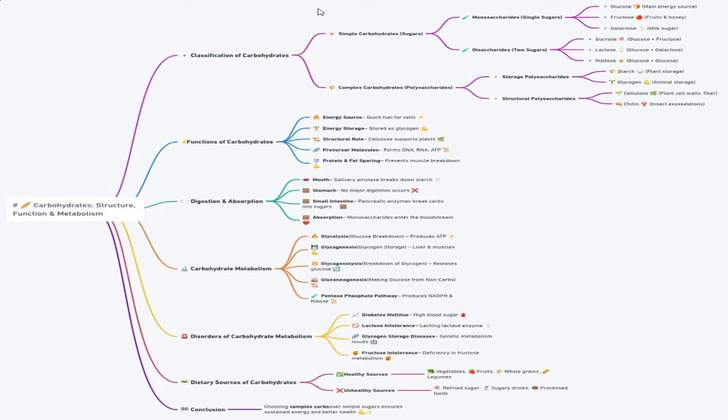So the branches provide a mechanism for quick release or storing of glucose units for metabolism. Glycogen is a storage device, like storage of glucose in animals.